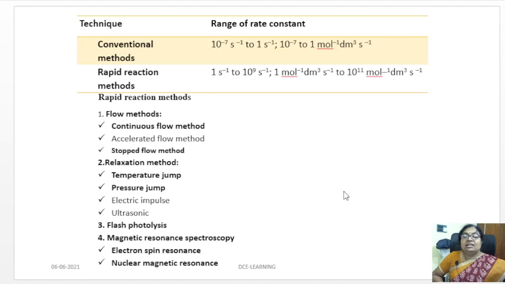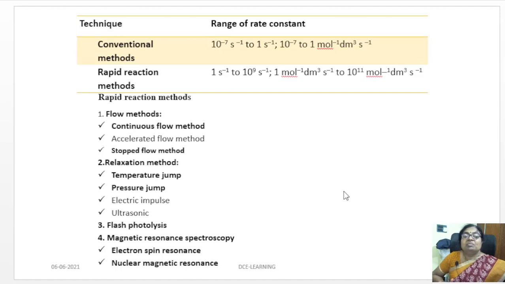So the reaction is carried out within a fraction of a second. Therefore, some special techniques are employed to study this rate of kinetics.